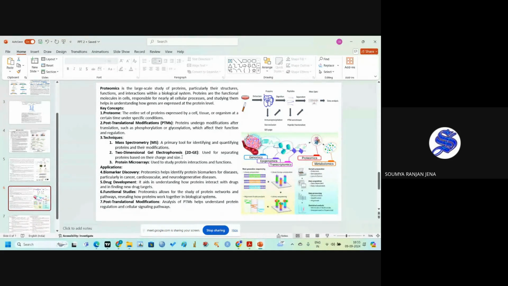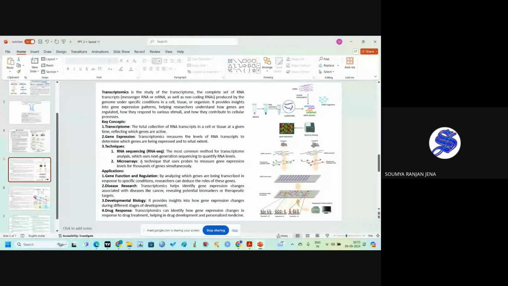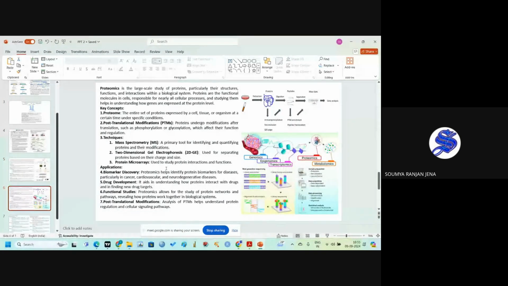And in protein microarrays, we described earlier the microarray like DNA microarray. Here also we have protein microarray, used to study protein interaction and function, because as we know, whether ligand receptor binding will occur or not, we can study this in protein microarray.